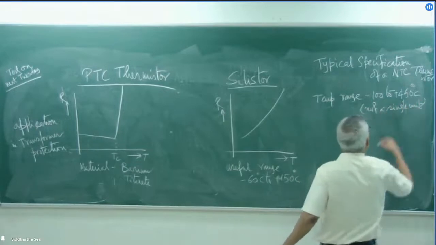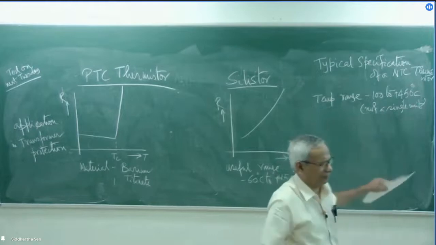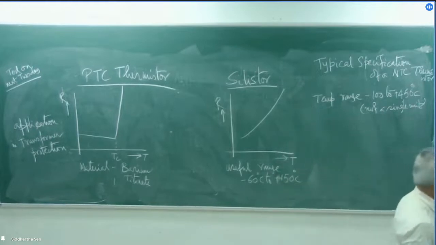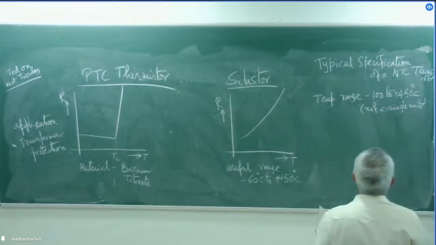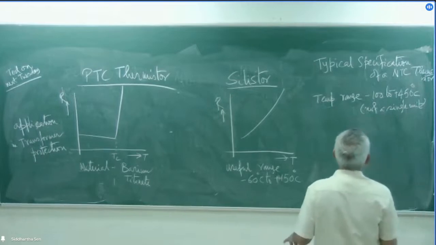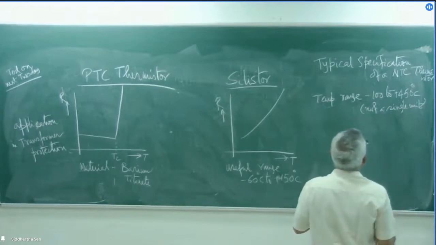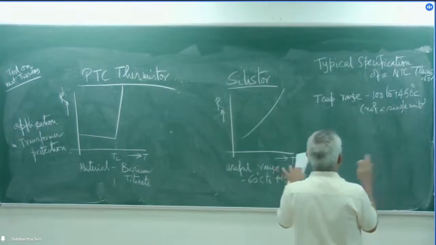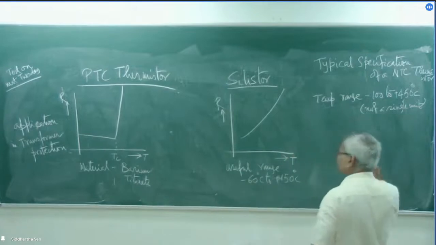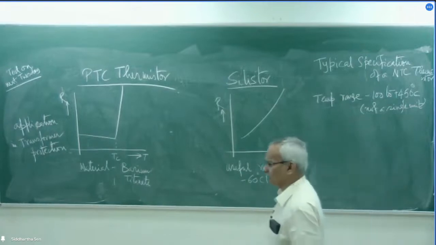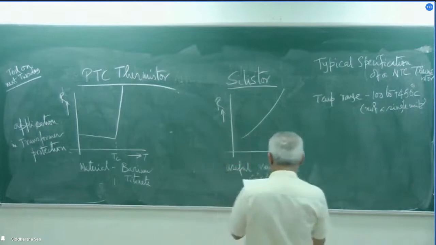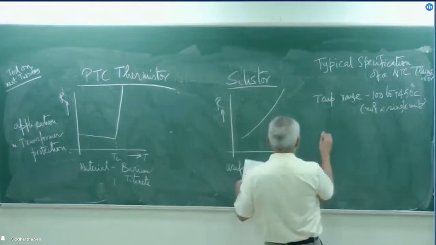A single thermistor doesn't have such a large range. Maybe one is minus 100 to 0 degrees, another maybe 100 to 200, or like this. But broadly speaking, thermistors can be used in this range.